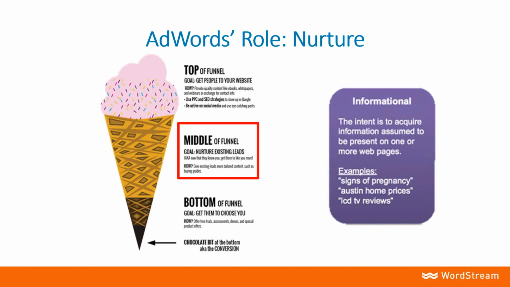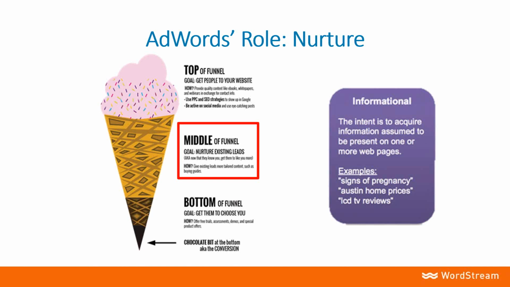On search, again, informational keywords. You could also use something like RLSA, remarketing list for search ads, to modify your bids based on the kind of audiences that you're advertising to in the nurture component. Pay a little bit more for nurtured prospects.